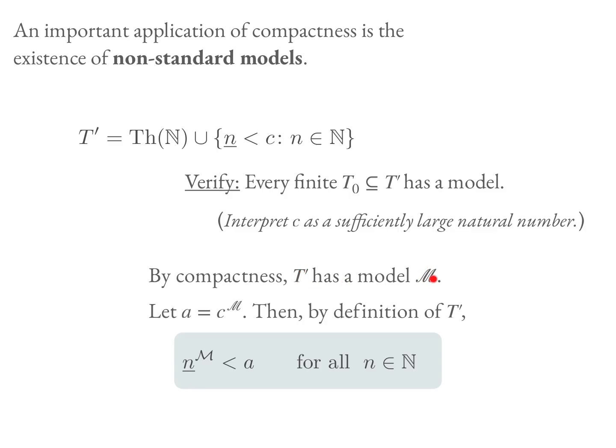Let's call that model M. But this model M needs to interpret our new constant symbol C. Let's call this interpretation in M A. By the definition of T prime, remember T prime includes all of these sentences here, it has to hold that this interpretation of the new constant symbol has to be greater than the interpretation of all those constant terms n, for all n.